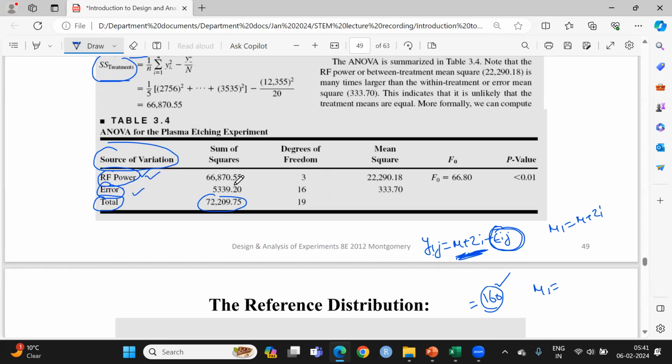For that, we take a proportion of these two variabilities, and if it is more than the critical value, we are going to reject the hypothesis.